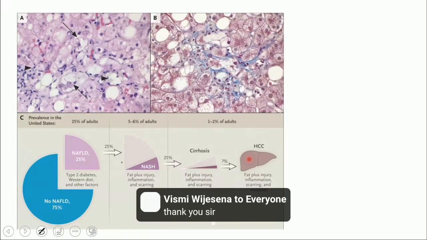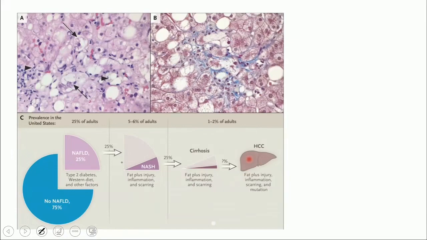So NAFLD is initially just a bit of fat deposition, but when it comes to NASH, they get inflammation of the hepatocytes, injury of the hepatocytes, and a little bit of fibrotic tissue. And this gets worse and worse and gives rise to cirrhosis. So that is the spectrum of non-alcoholic liver disease.